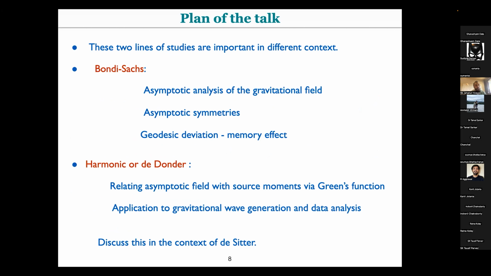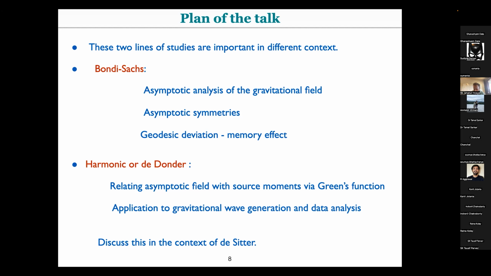This is my plan for the talk. At first, I will discuss the Bondi-Sachs formalism, the asymptotic analysis of a gravitational field, and asymptotic symmetries in the Bondi-Sachs formalism. After that, I will discuss the memory effect. To compute the memory effect, we need to calculate the geodesic deviation vector, so we compute the geodesic deviation vector and the associated memory effect. Then we'll work in harmonic or de Donder gauge.